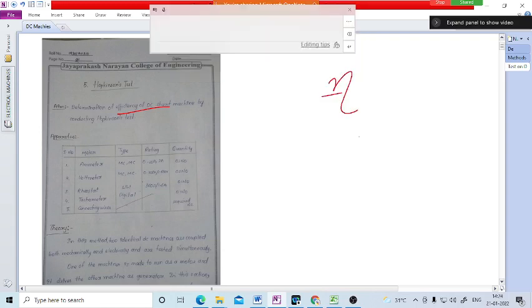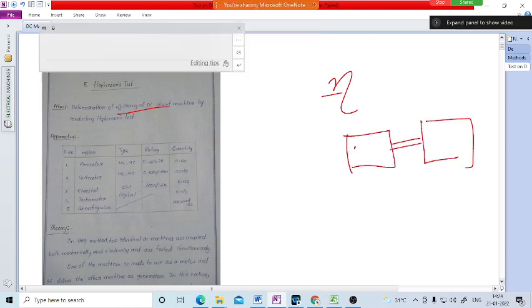It is also called the regenerative test or back to back test. One of the machines acts as a motor and the other as a generator.